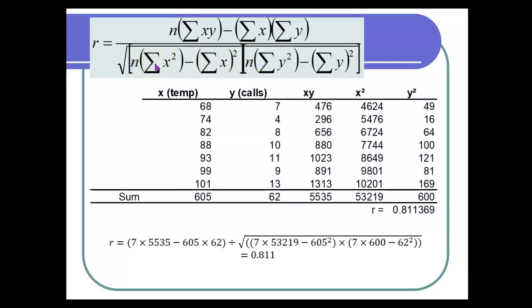Inside the first set of brackets, we have N, which is 7, times the sum of X squared, which is 53,219, minus the sum of X squared. Notice the squaring outside the parentheses, so that means take 605 and square that number. Inside the second set of brackets, we have N, which is still 7, times the sum of Y squared, which is 600, minus the sum of Y, which is 62, and then that gets squared.